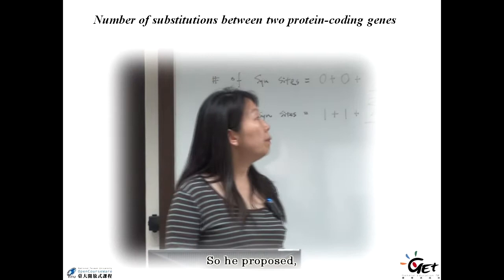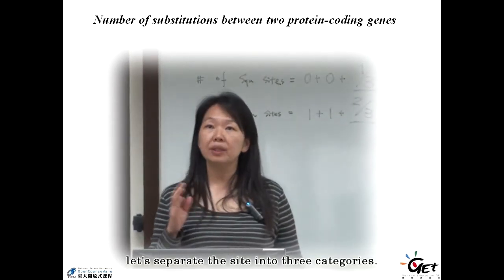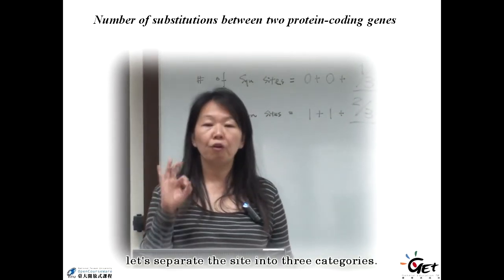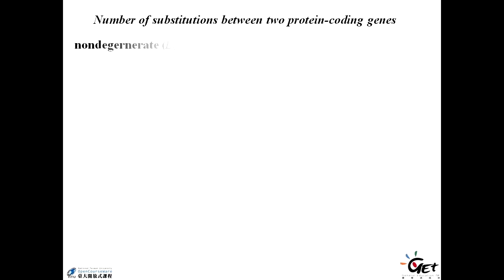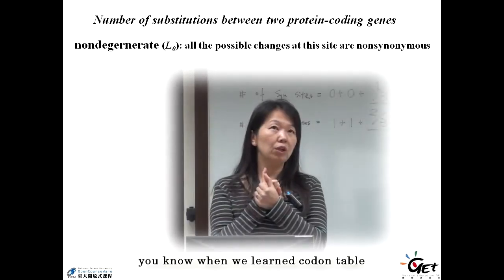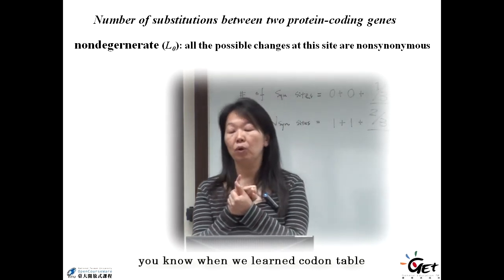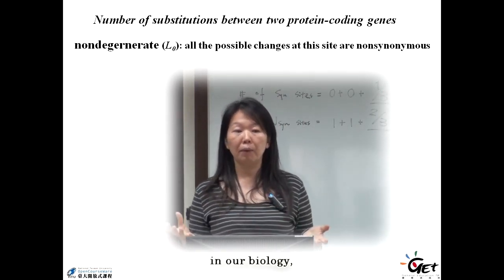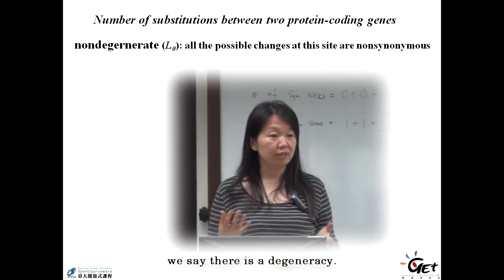He proposed that we separate the sites into 3 categories. One is 0, that means non-degenerate. Okay, he used a different word. Degenerate means, when we learned the codon table in biology, we say there's a degeneracy.